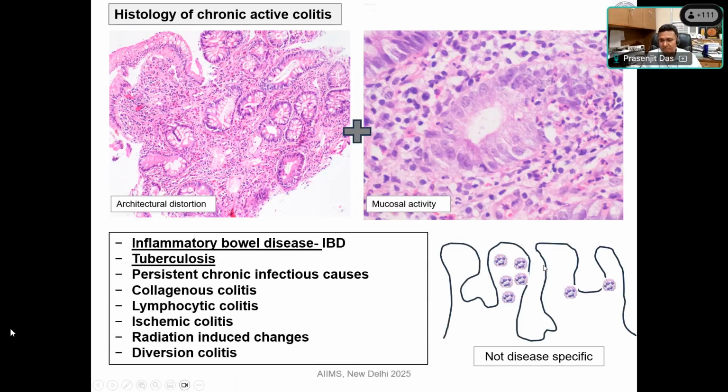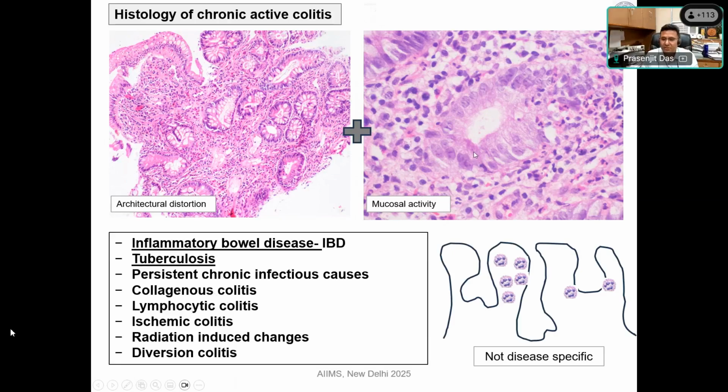This is a schematic diagram just to show you how chronic active colitis looks. But if we now correlate with the etiology of the disease, you will see there are so many. Actually, this is not the complete list. Chronic active colitis we can see in IBD, both in UC and Crohn's. We can see it in tuberculosis. As a student, you must not forget these two differential diagnoses. Any persistent infection like Shigella, Salmonella, Yersinia can cause chronic active colitis.